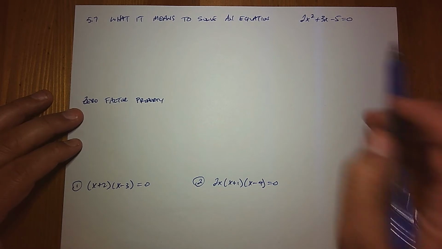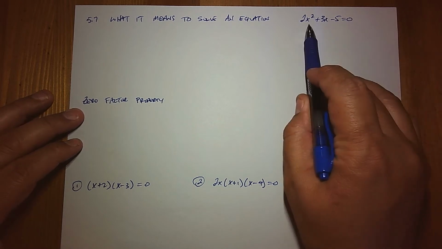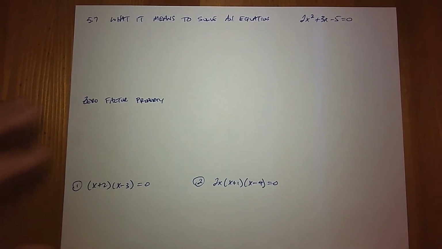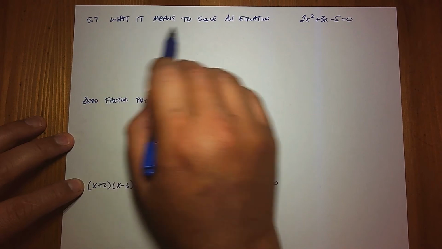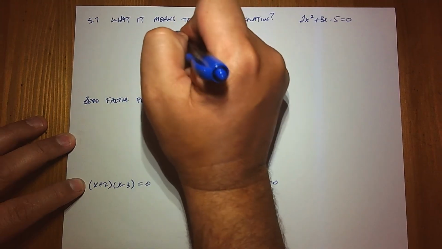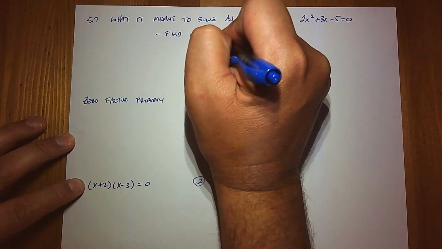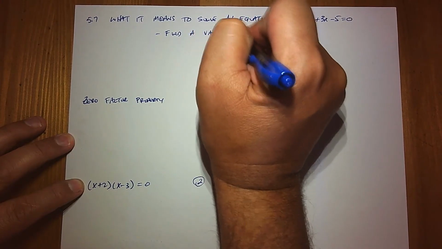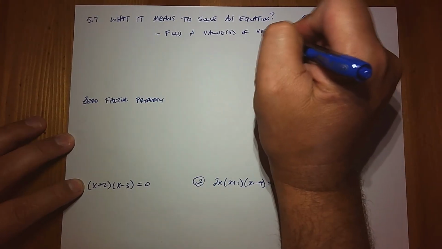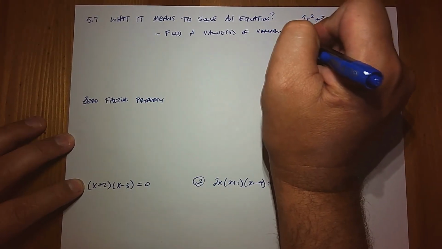So to begin with, here's an equation, right? I'm claiming that one expression is equal to another. So 2x squared plus 3x minus 5 equals 0. So remember what it means to solve an equation, right? What we have to do is find a value, maybe there's more, values of the variable, and so in this case, x.